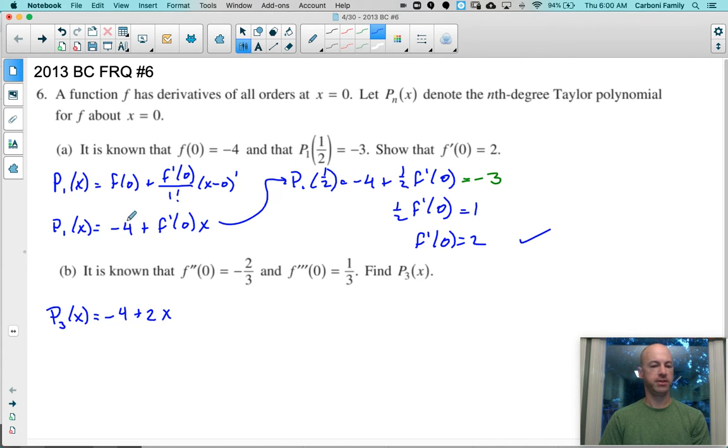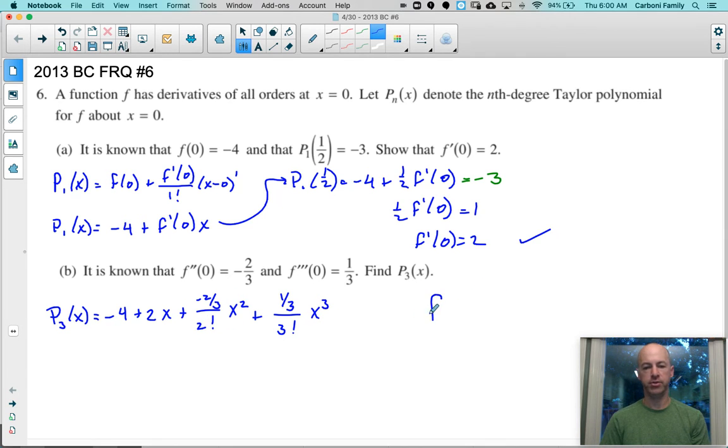That's just copying these two and replacing the f prime of 0 with 2. Then plus f double prime is -2/3 over 2 factorial times x squared plus f triple prime is 1/3 over 3 factorial times x cubed. And we are done. That is it.